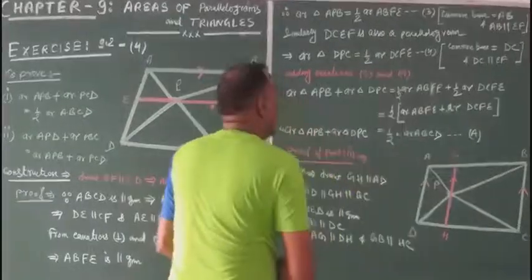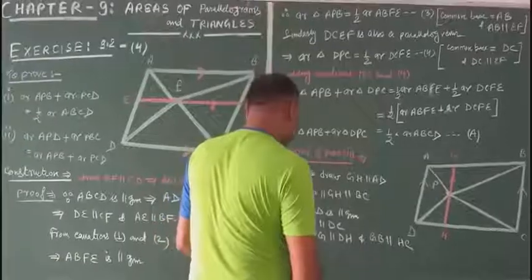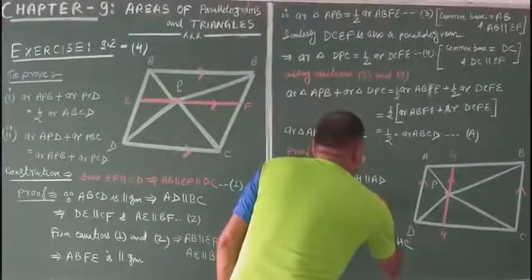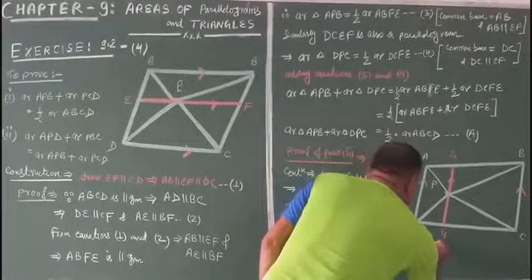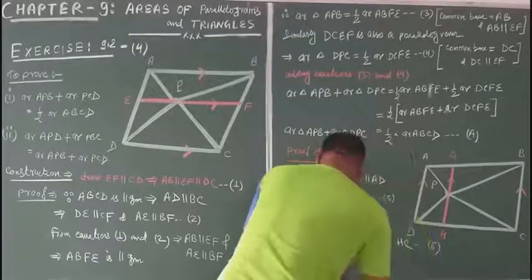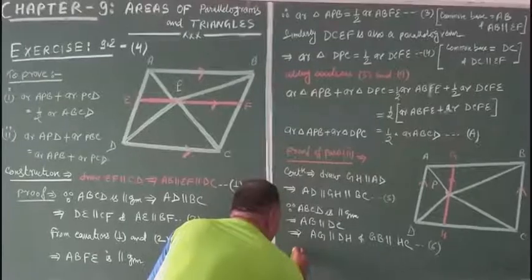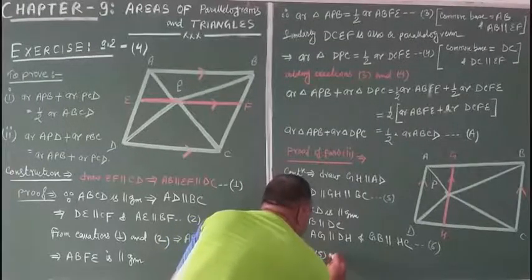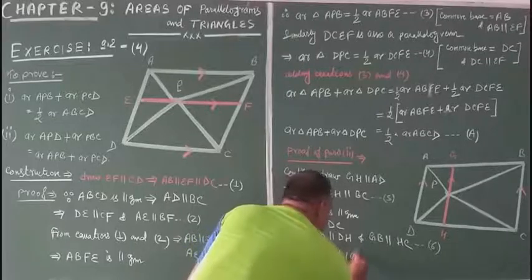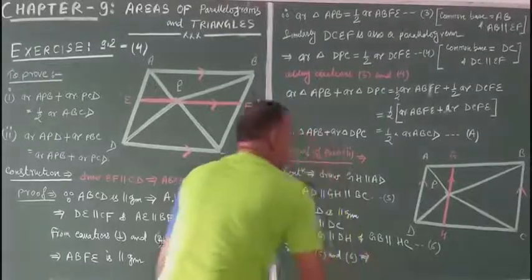HC. Suppose this is equation number 5 and this is number 6. What will happen? From equations 5 and 6, what will be there?